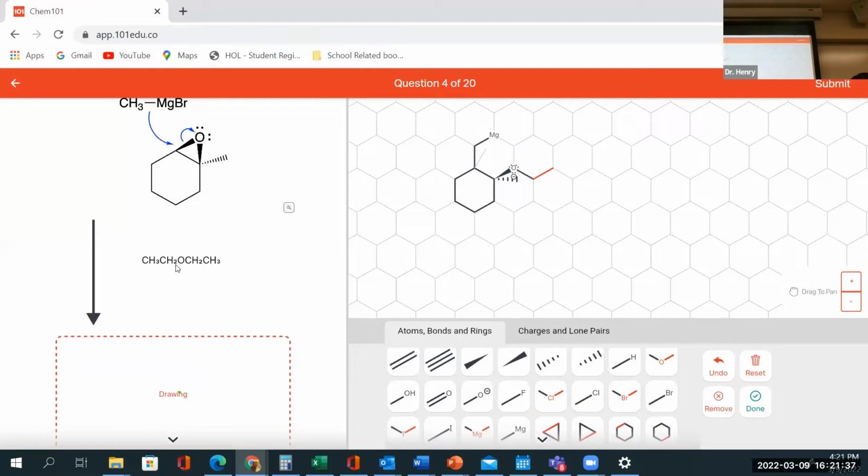No. I said, is the whole ether going to be attached? Because this is diethyl ether, right? Okay, so we have diethyl ether, and you guys are saying that the ether is going to attach to the oxygen.